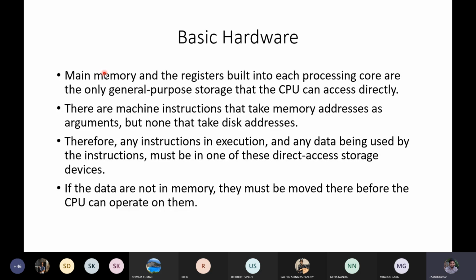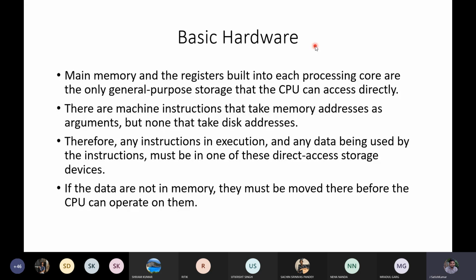To mismatch the speed, cache memory is placed in between. But for the time being, we will assume that the processor is taking from the main memory. The same mechanism you can apply for the cache memory also. But for the time being, we'll try to understand the main memory, and we'll carry on further.